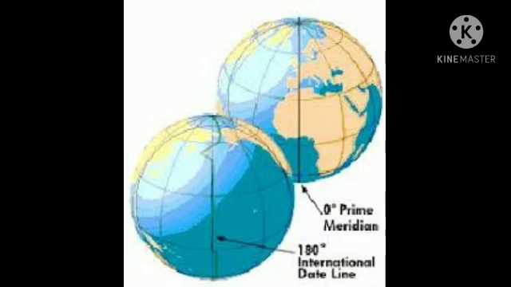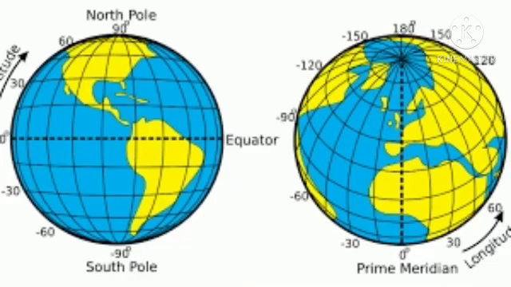The meridians and the parallels cross each other at 90 degrees, forming grids. These grids help us in many ways, especially in locating places on the globe. You will learn more about them in your higher classes, but you need to remember that these lines are on the globe and on the map. This is for our understanding.